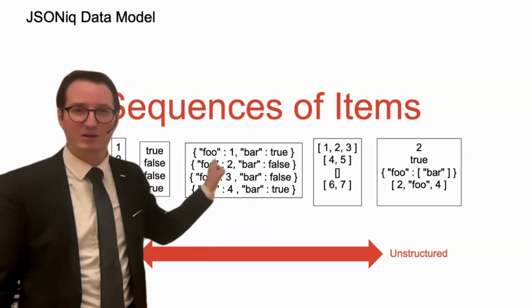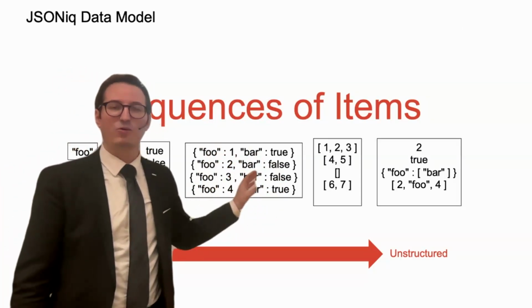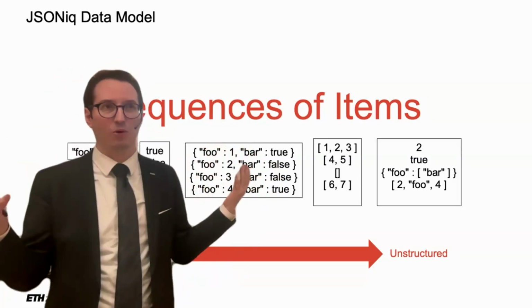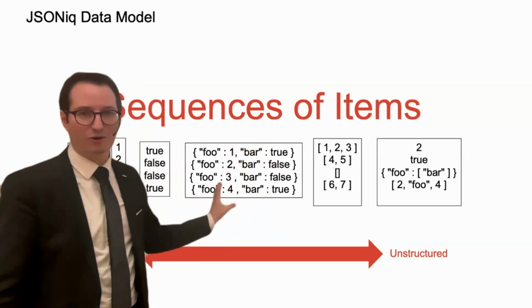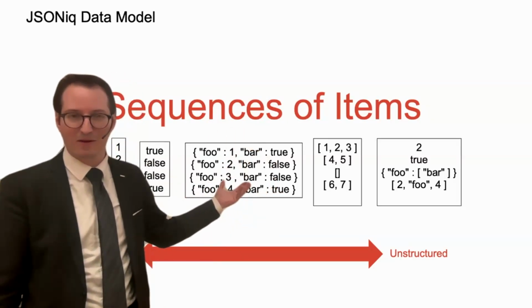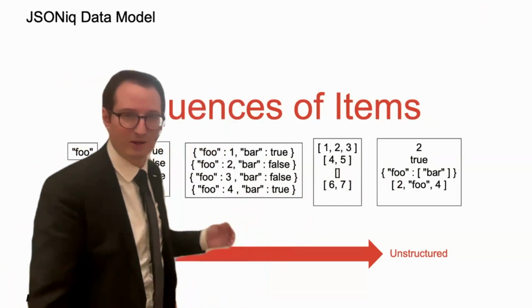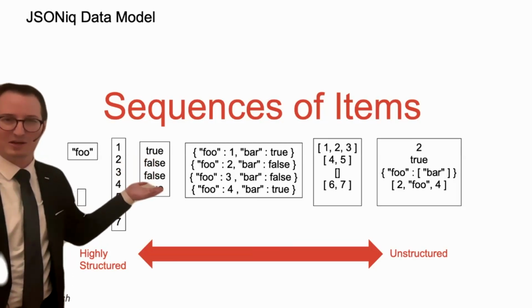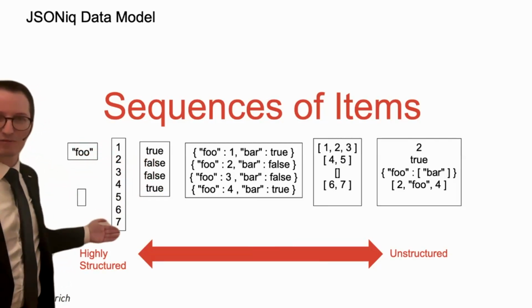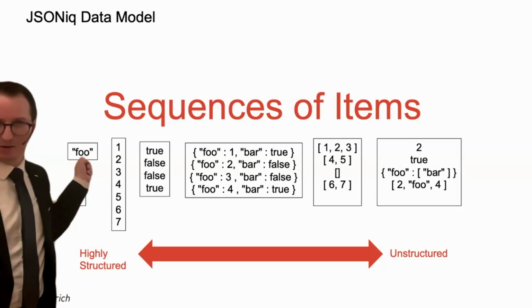So this is perfect. So you see, the take-home message here is that a sequence of items is more general than a relational table. Any relational table can be understood as a sequence of object items. But a sequence of items can be more general than that. It can be fully heterogeneous. It can even be a sequence of Booleans. It doesn't have to be structured. So this is a sequence of Booleans. This is a sequence of integers. This is a sequence of just one string, which is the same as one string.